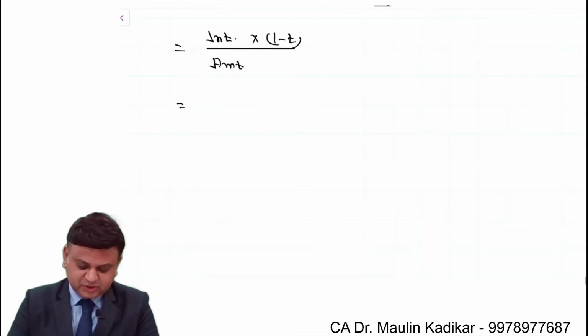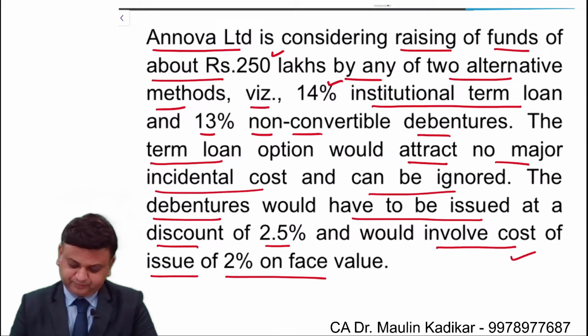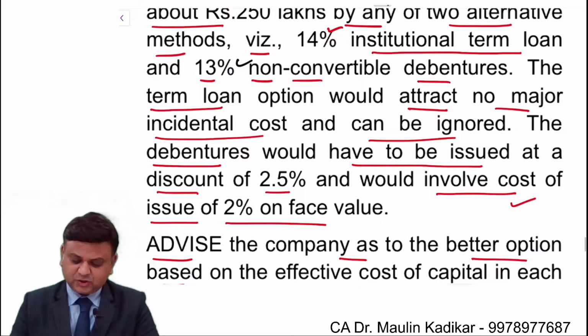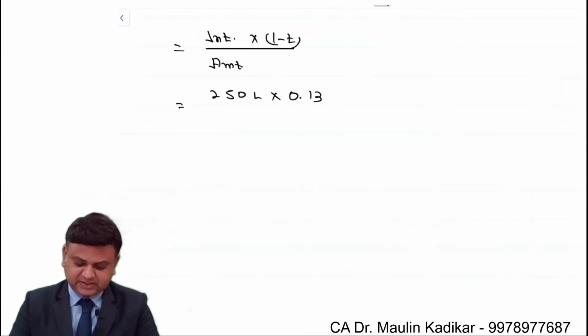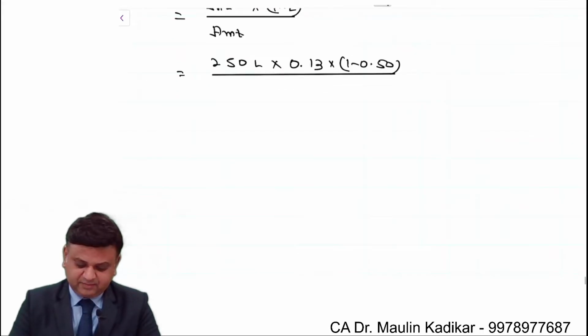So it is 250 lakhs into the rate of interest, provided as 13%, because over there the rate of interest is comparatively less, into 1 minus 0.50, divided by 250 lakhs minus.